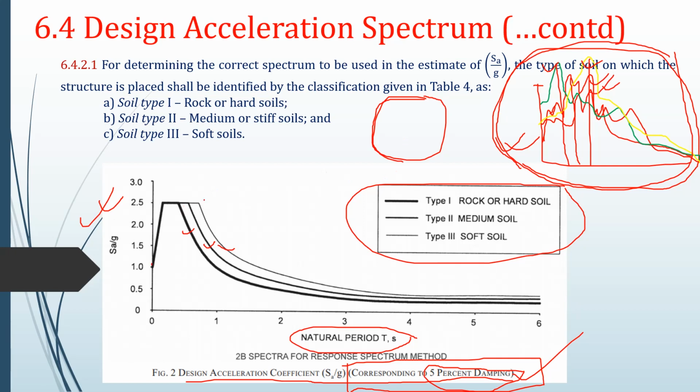And how are these design spectrum curves constructed? They are constructed from ground motion parameters, and these curves are representative of ground motions recorded at the site during past earthquakes. We do not use the past earthquake response spectrum directly, but we construct a design spectrum curve that is representative of the past earthquakes at that particular site.